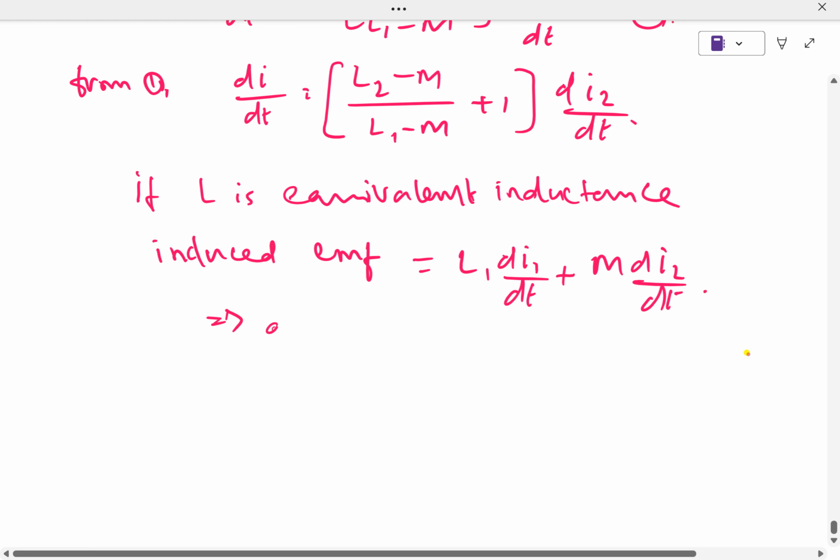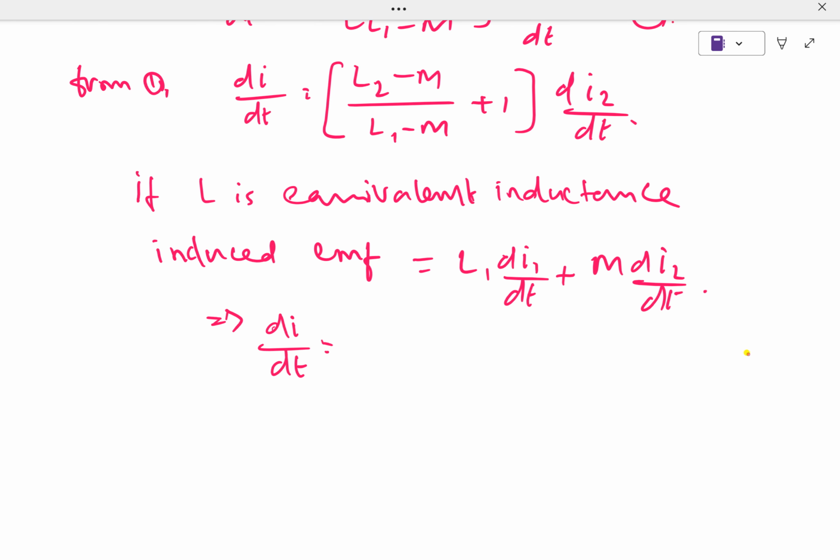Then from this we can get di/dt in general equal to 1 over L times (L1 di1/dt plus M di2/dt).